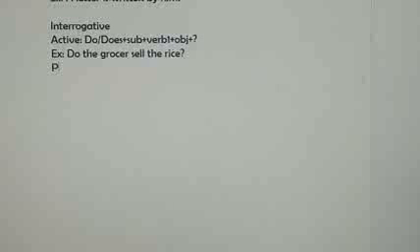Now I am going to write the passive structure for the interrogative group of present indefinite, and the structure will be: is, am, are as an auxiliary verb. Then I will use the object.